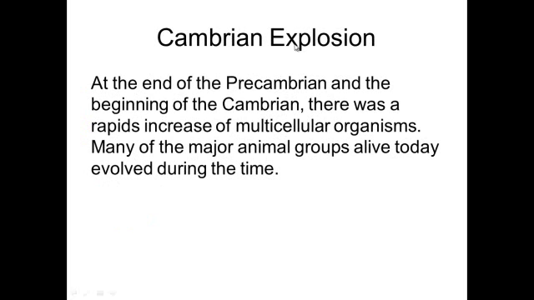Well, life continued. Eventually you got these eukaryotic cells that are starting to grow and things like that. It led to what's called the Cambrian explosion. In the Cambrian period, there was a rapid increase in multicellular organisms.